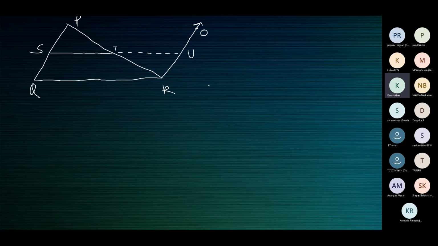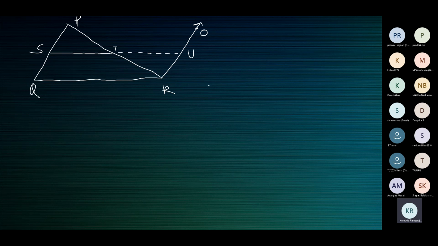S is the midpoint of PQ, ma'am. And what is T? T is the midpoint of PR. Okay, so this much is given to us. Given triangle PQR, S and T are the midpoints of PQ and PR respectively.